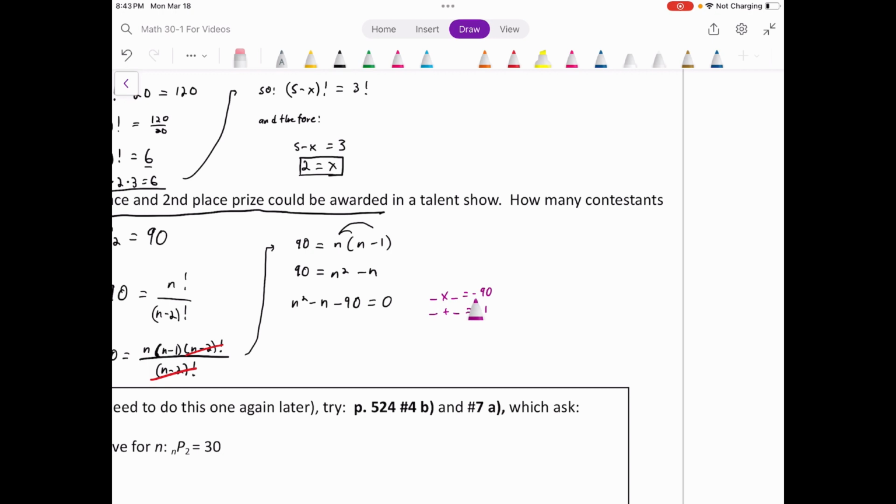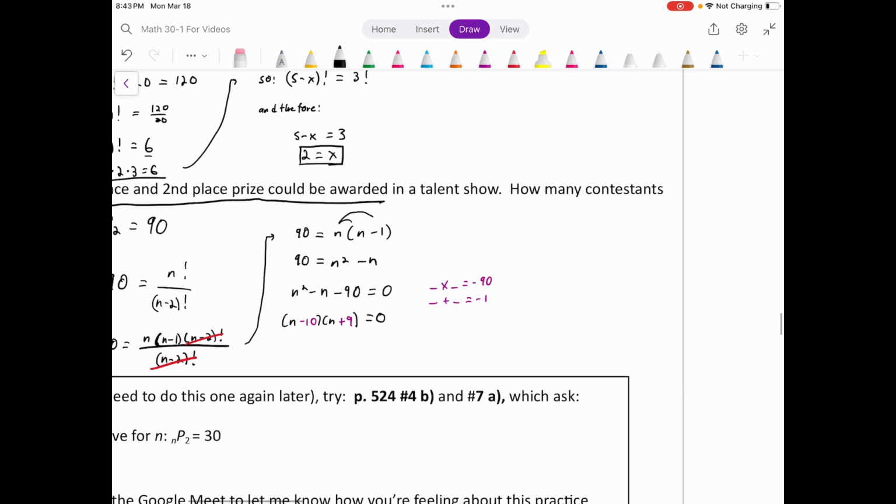Sure enough, right, the two numbers that multiply to negative 90 and add to negative 1 are going to be negative 10 and positive 9, right? So this is just n minus 10 times n plus 9. And that has to equal 0, right?